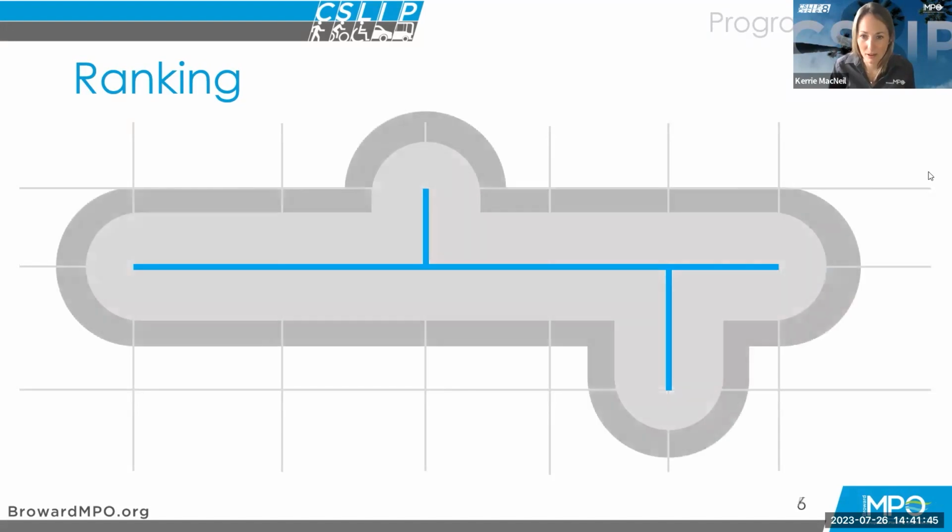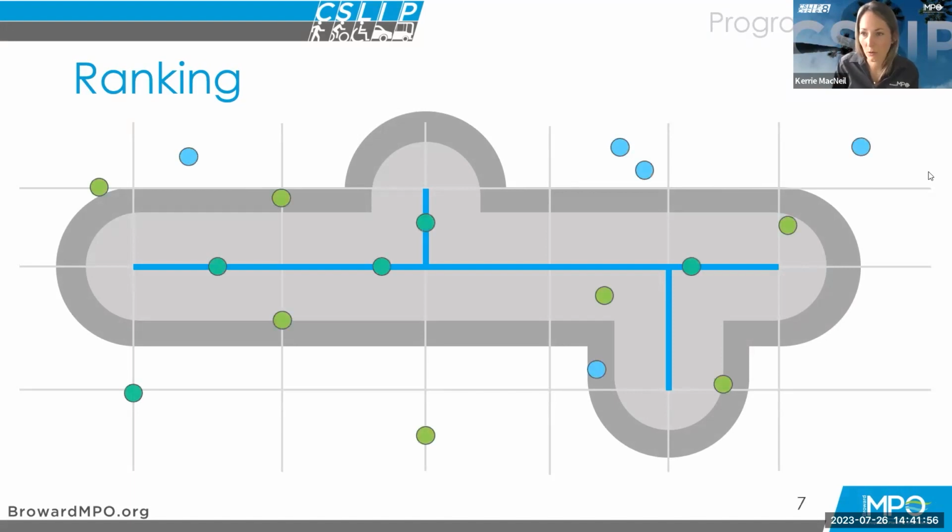Then for each of the criteria, we cast different size buffers around your project limits, and those buffers interact with different data sets, different layers that we have to represent the 6 different themes incorporated into our CSLIP ranking criteria.